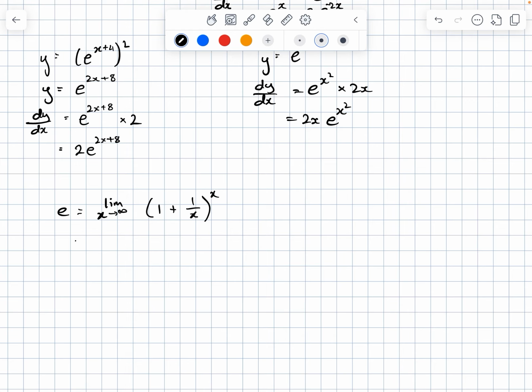So 1 plus 1 over 1,000,000 all to the power of 1,000,000. You get 2.718, and it goes on forever. This won't be the exact value of e, but in your calculator you can also do e to the power of 1, which is 2.718. So it's close enough.